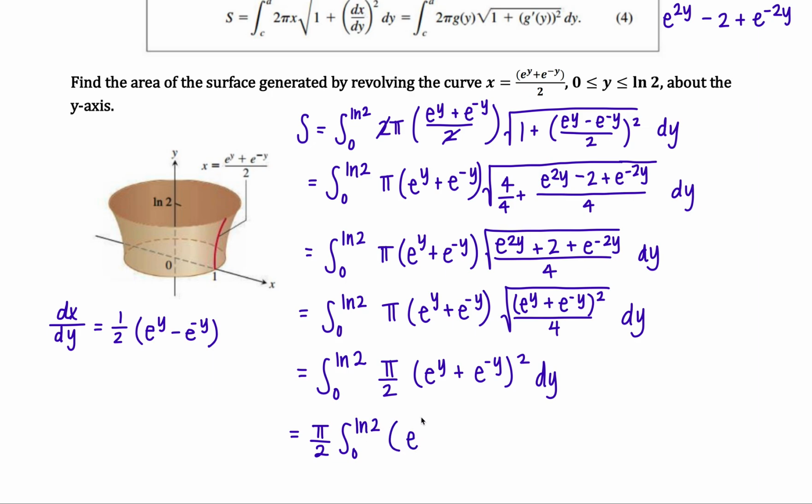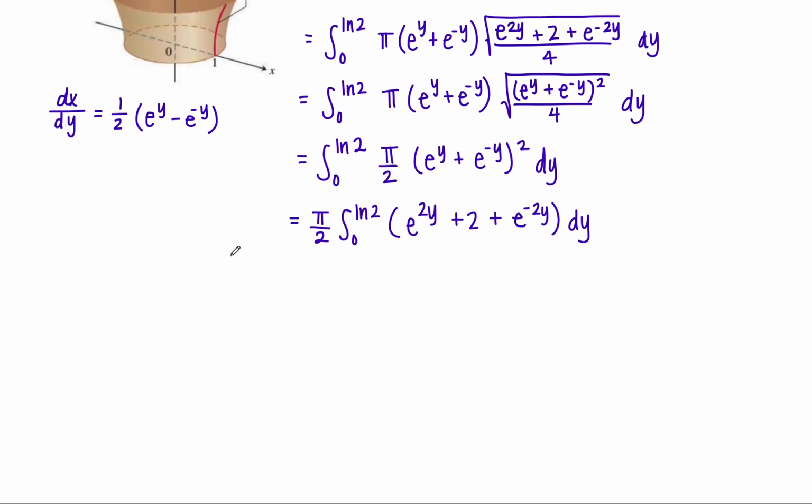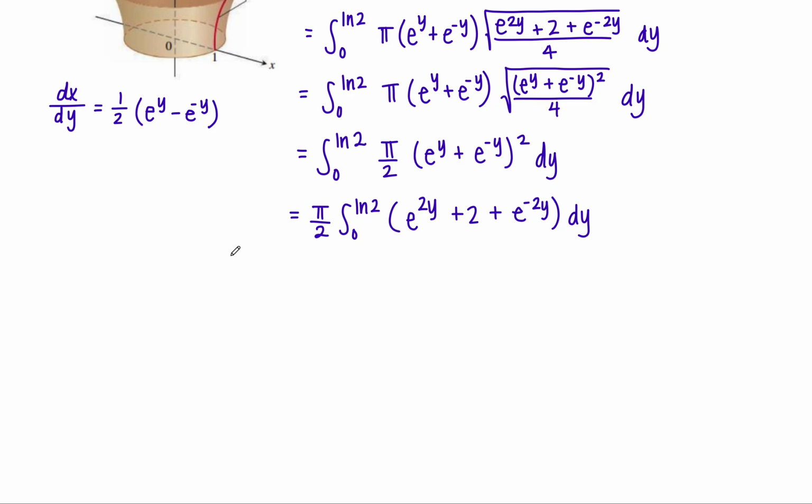So we have e^(2y) + 2 + e^(-2y) dy. Now we are finally ready to integrate.